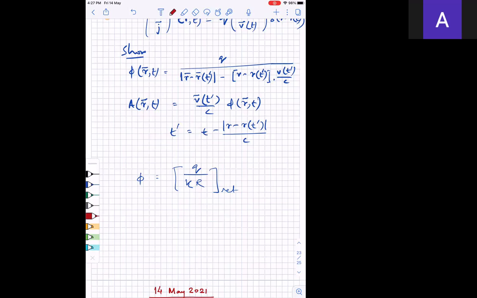That's just mathematics: if you know phi and A, how to calculate E and B. You can look up Jackson or any of the books, mainly Jackson, because some of these notations are closer to Jackson, and find out how to go to the fields from the potentials. We will start from those equations directly and try to see what we can tell about radiation fields. That's where we start today.